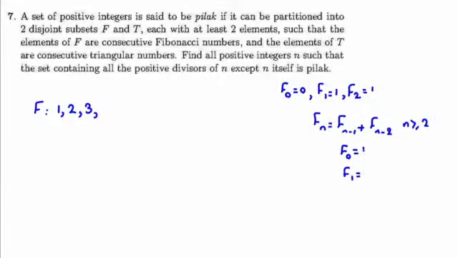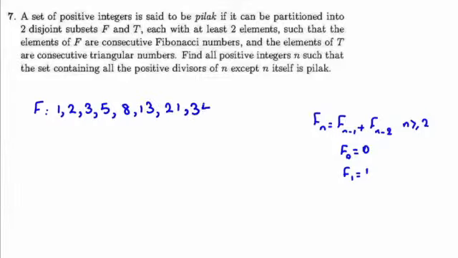You can say this definition. Here we can start from 1, 2, 3, 3 plus 2 is 5, 5 plus 3 is 8, 8 plus 5 is 13, 13 plus 8 is 21, 34, and so on.